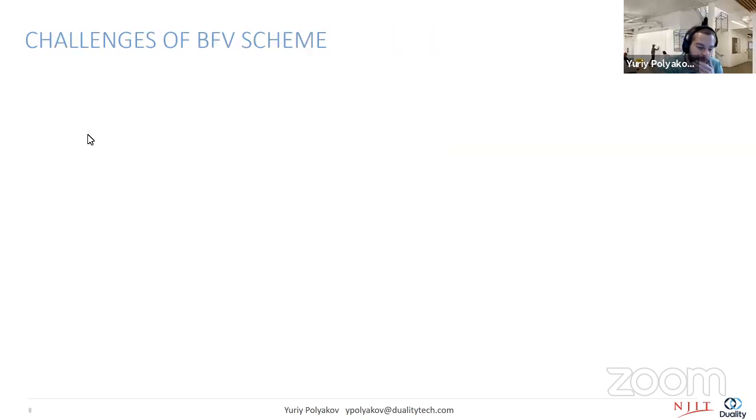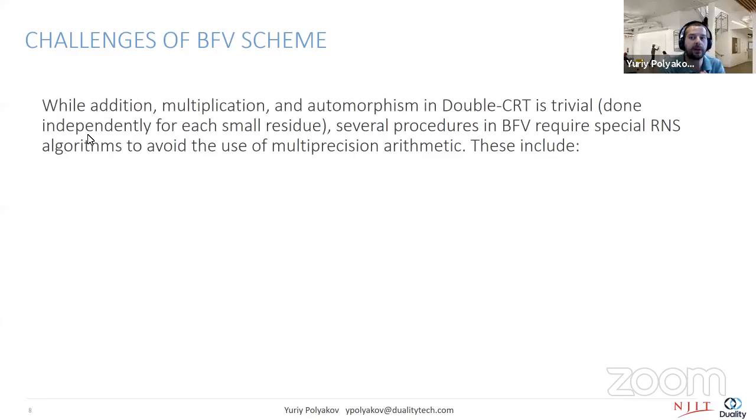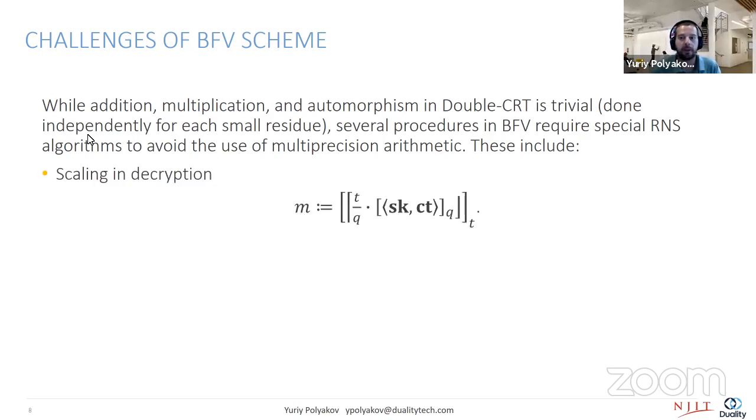So the BFV scheme is especially challenging for RNS, and I'll explain in which regards. There are certain operations that can be done very efficiently in double CRT directly, and they're actually trivial. They're done independently for each small residue, and these operations include addition, multiplication, and automorphism.